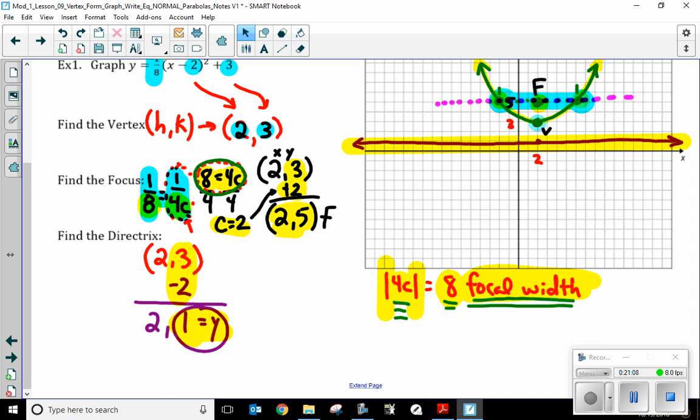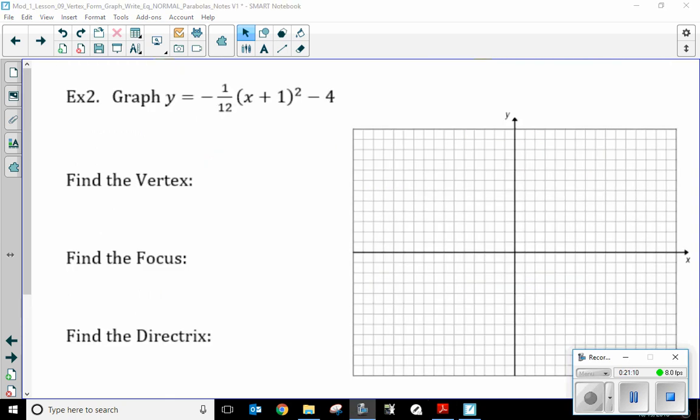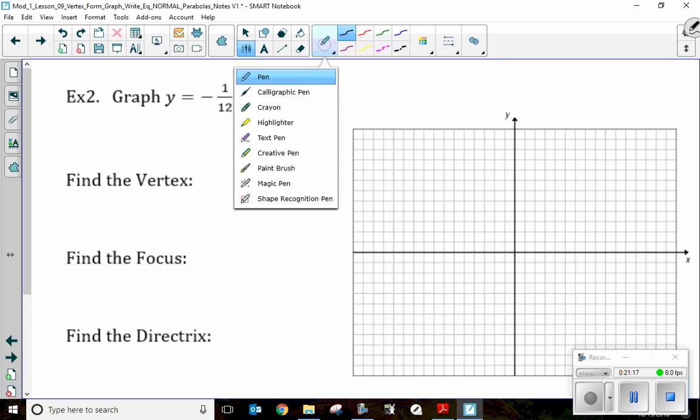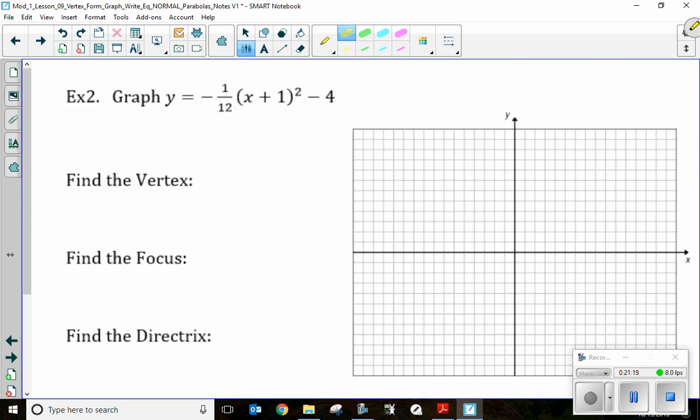Let's do it again. Here's our next problem. First thing we're going to do is find our vertex. Vertex, H and K. All right, well, let's do this. If it's H and K, I know I need to flip the H, and it'll be -1, and keep the K, -4.